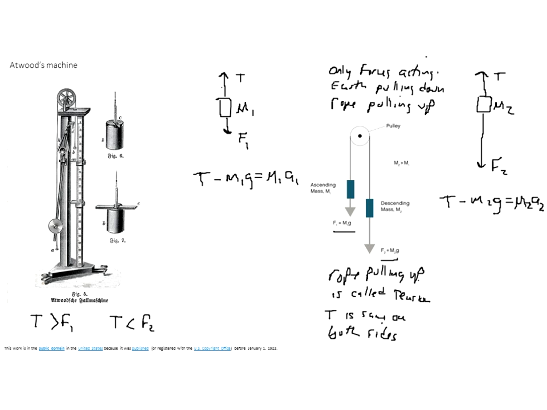Okay, so we've got two equations here and two unknowns. So if we want to find the acceleration, so our goal here is to find the acceleration of each block.